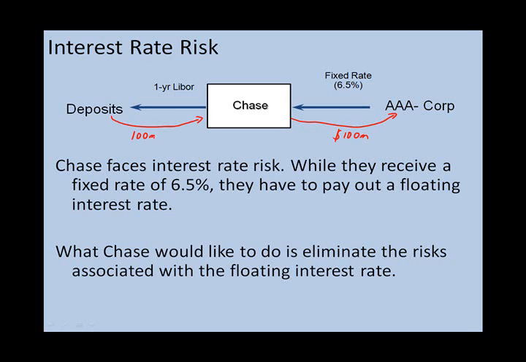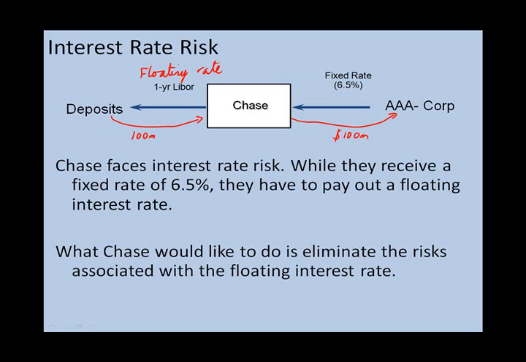Customers paid money into Chase, and Chase used that money to fund its investment in AAA Corp. And we know that Chase receives 6.5% from the AAA Corp, and to compensate its customers, it pays 1-year LIBOR to its customers. And this is a floating rate. LIBOR can go up and down over time. And it does look like Chase faces interest rate risk. They receive fixed, but they have to pay out floating.